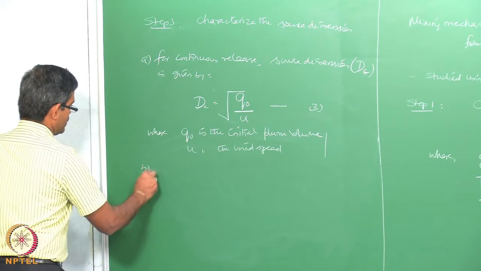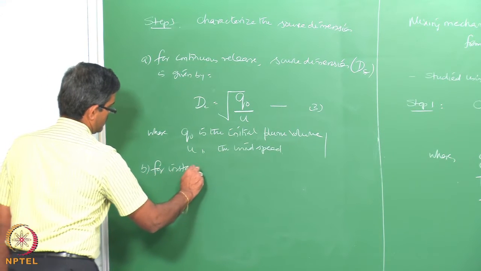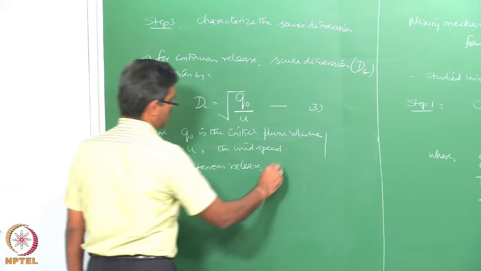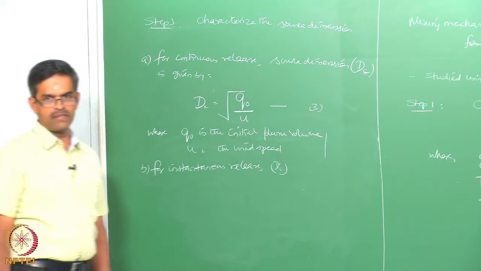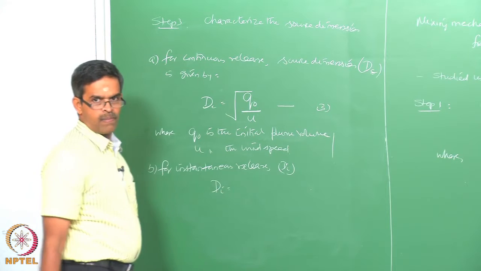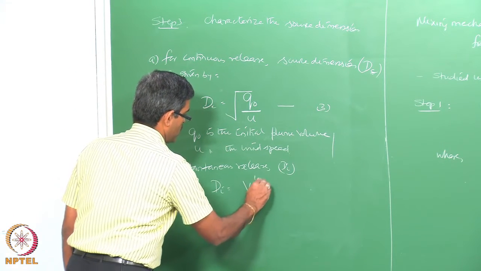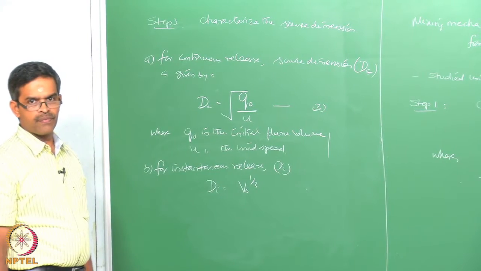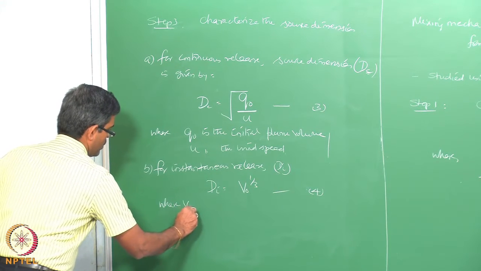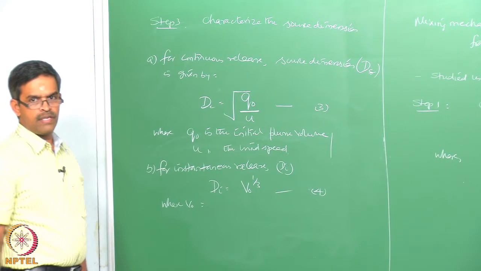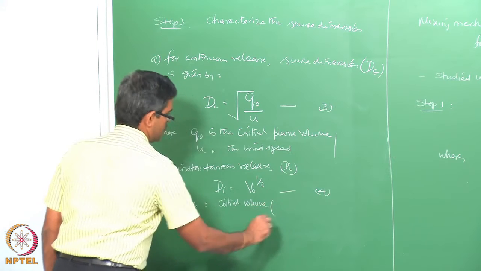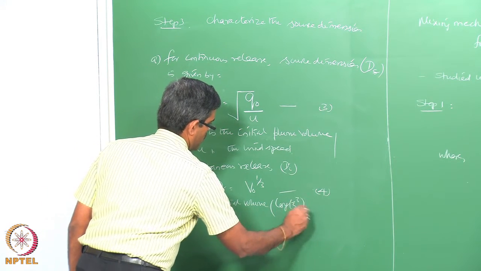Now, for instantaneous release, the source dimension di, I stands for instantaneous, is given by V0 raised to the power 1 by 3, where V0 is the initial volume, which is in terms of length cubed.